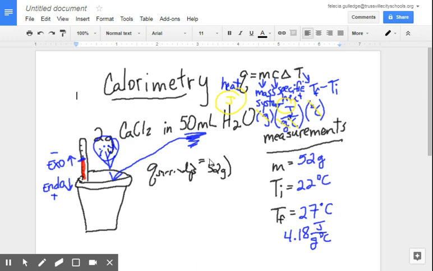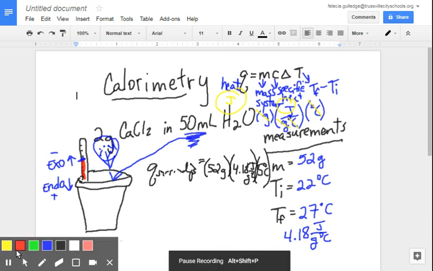I plug in my specific heat, which is 4.18 joules per gram degrees Celsius. And then I'm going to plug in my change in temperature. So my change in temperature is 27 minus 22 degrees Celsius. So that is 5 degrees Celsius there.